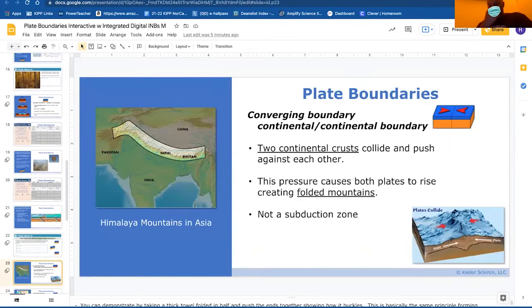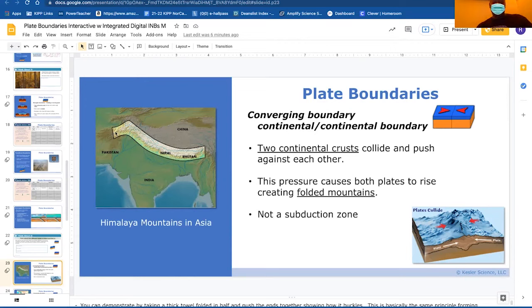All right. Plate boundaries, converging boundary, continental to continental. This is one of the most famous instances that we've talked about here. This is where the Indian plate has run into the Eurasian plate. And since they are both continental crust, one's not more dense than the other, they kind of keep crashing and then they go up.